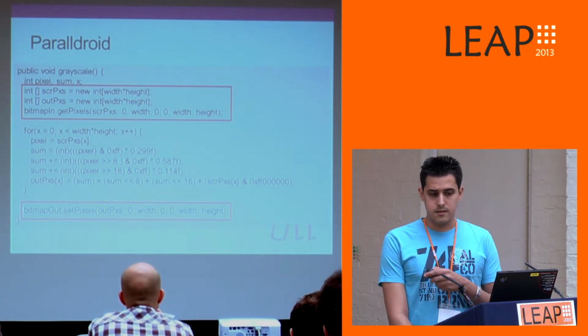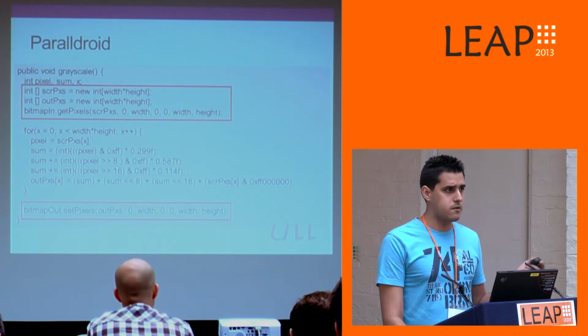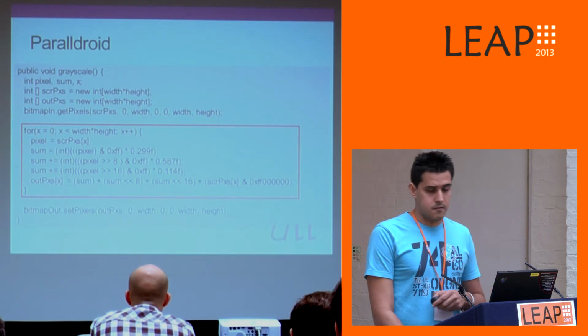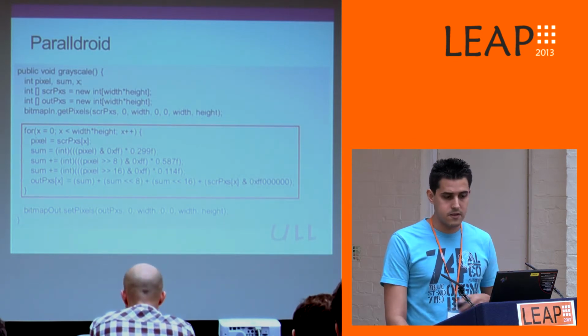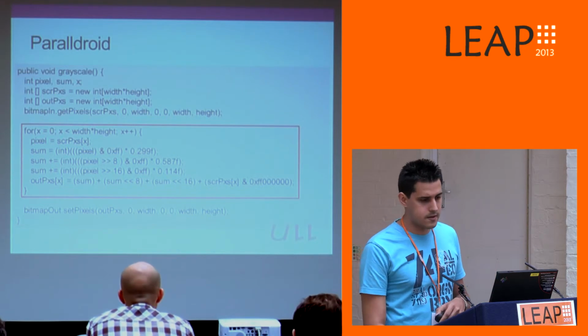So we transform the bitmap object into an array of pixels. And the rest of the code traverses the array of pixels, gets the color, and transforms it to create grayscale.